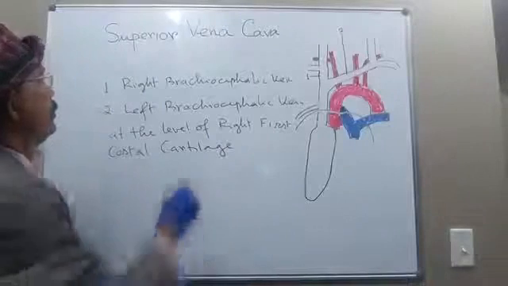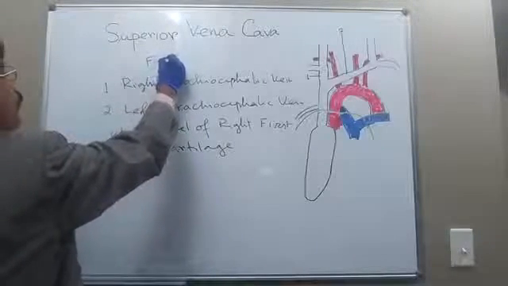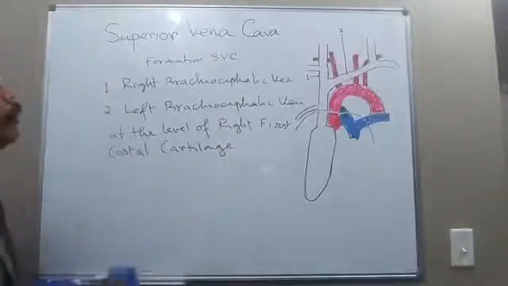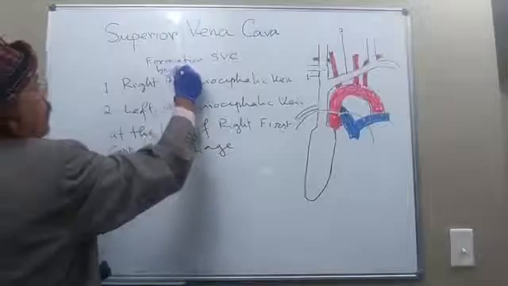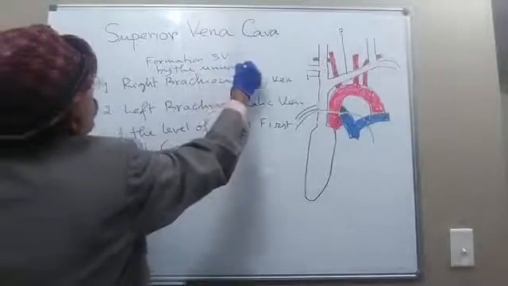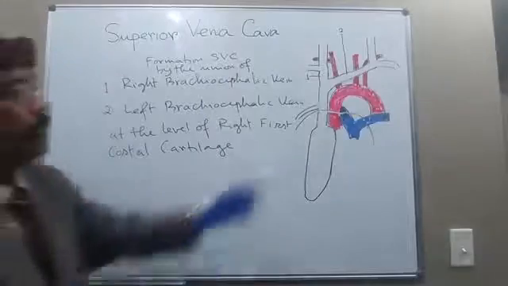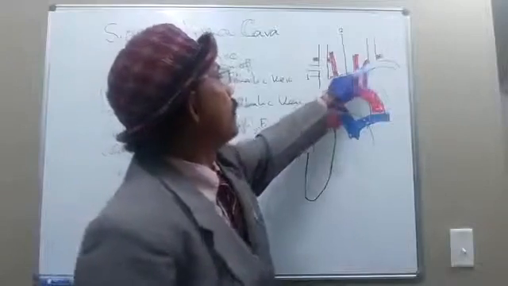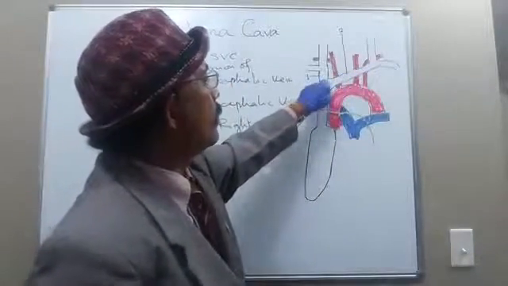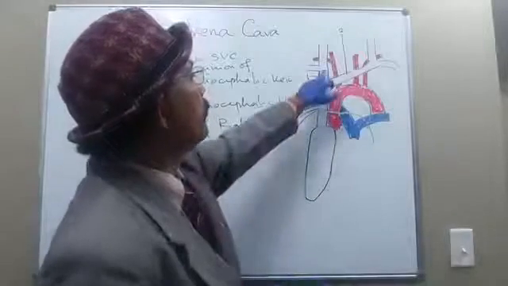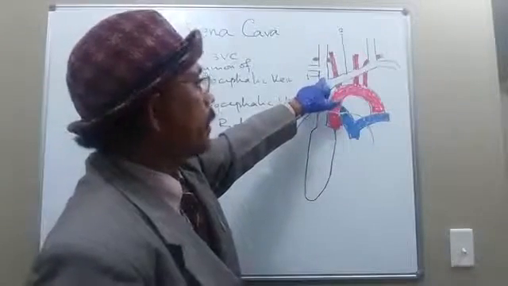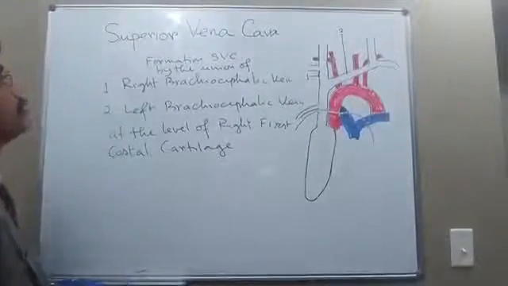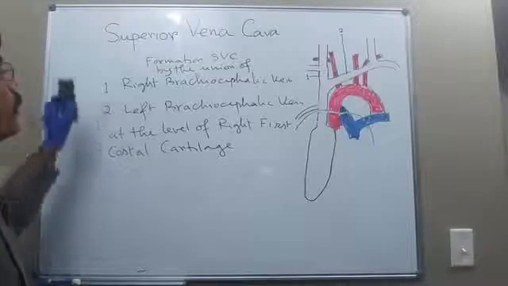We got the formation of the SVC by the union of the right brachiocephalic vein and the left brachiocephalic vein. This is the bony landmark, the right first costal cartilage, here.